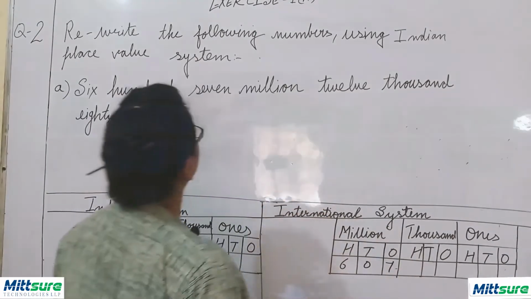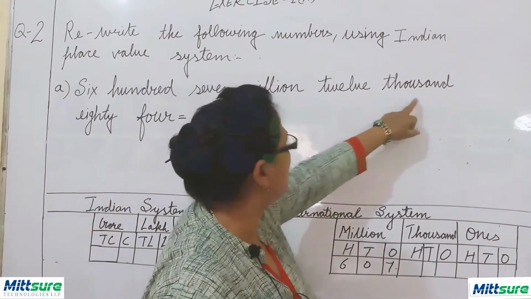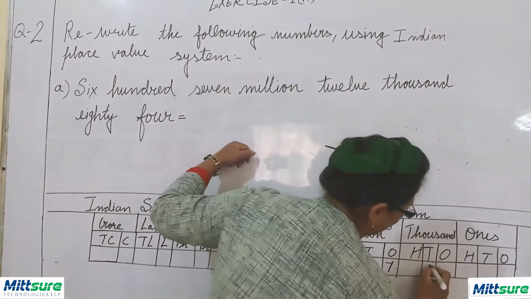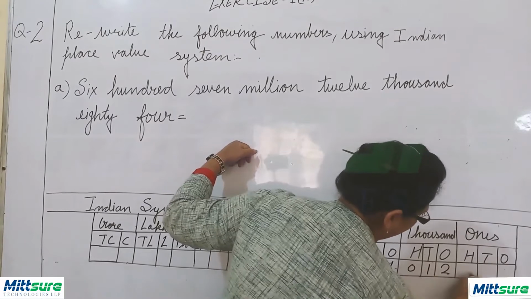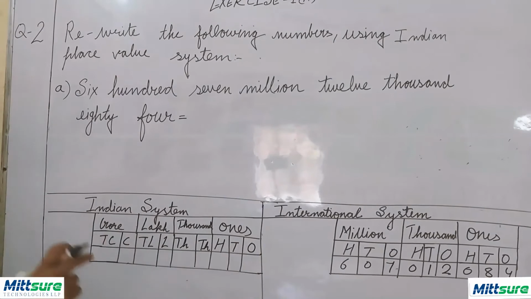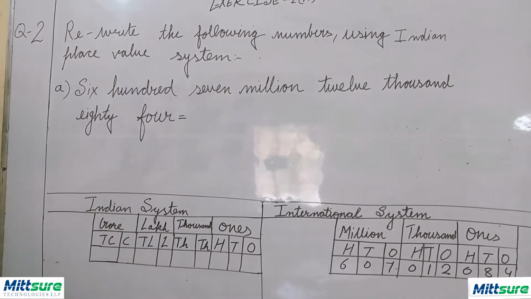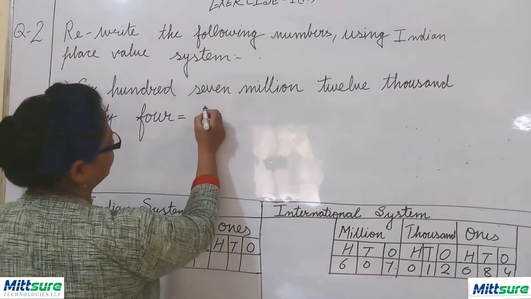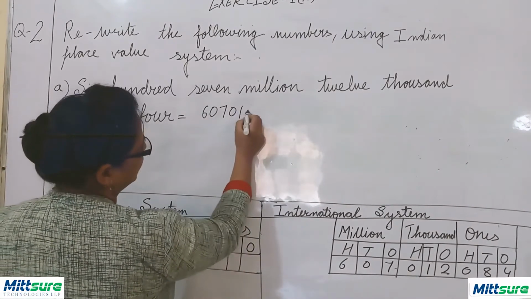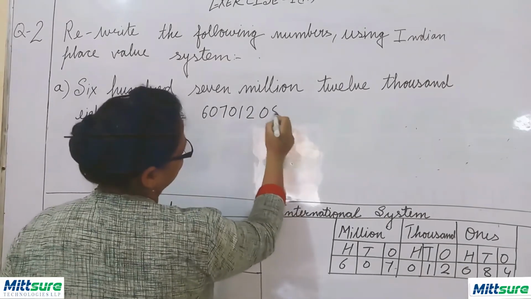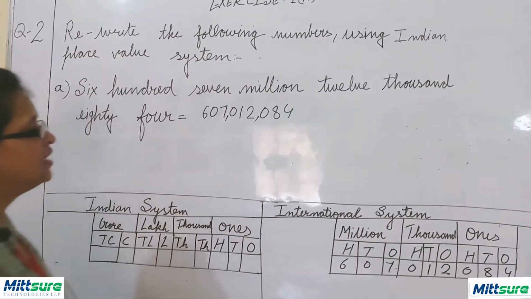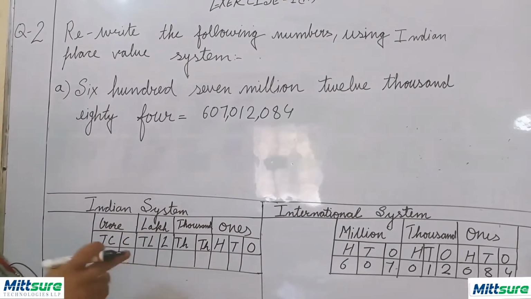Next is 12,084. Now this is the international system, so if I write here, this will be 60701208 4. If I put the commas, I will put them like this.